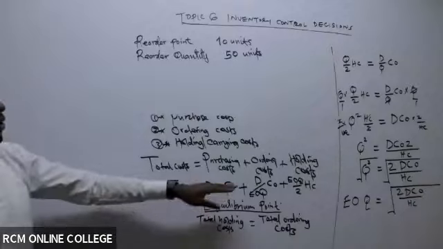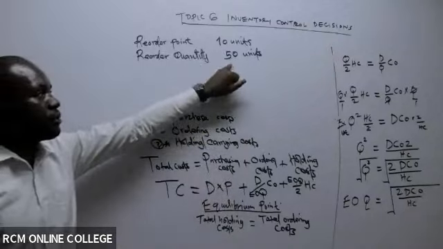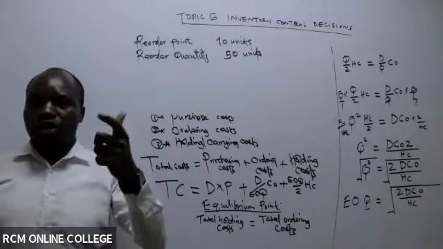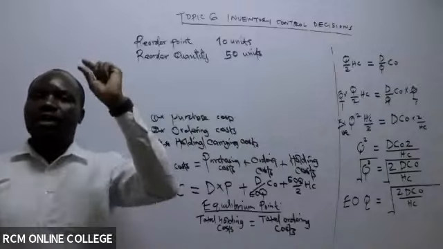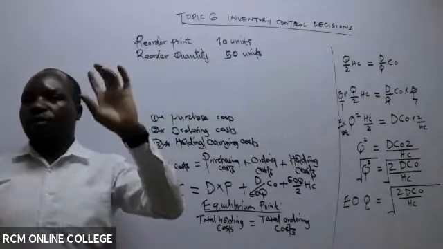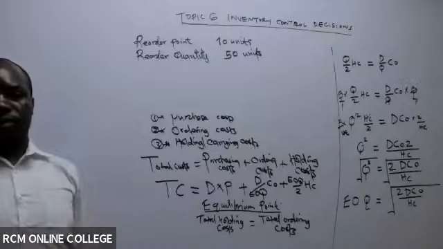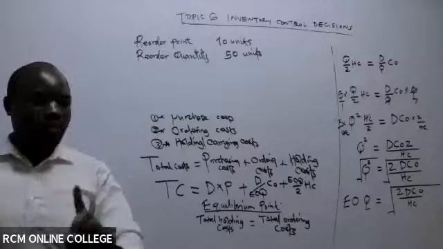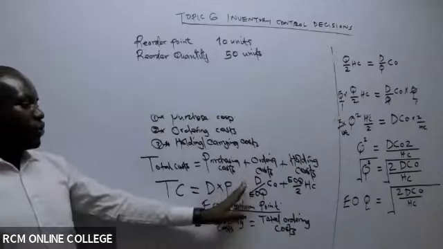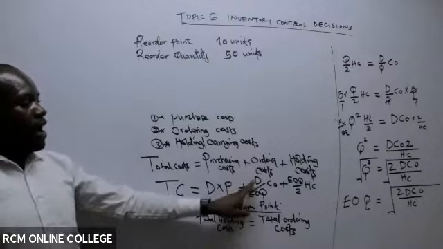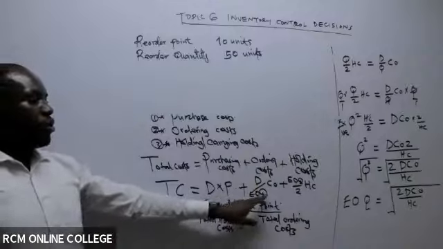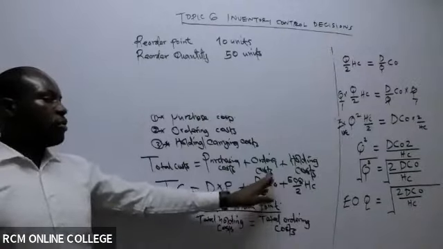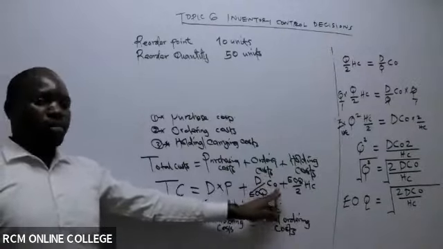That again takes us down here. As we order 50 units, the ordering cost will not be dependent on the units we are going to order, but it will be dependent on the number of orders. That's why when you look at our total cost function here, we have demand divided by economic order quantity, multiplied by ordering cost per order.